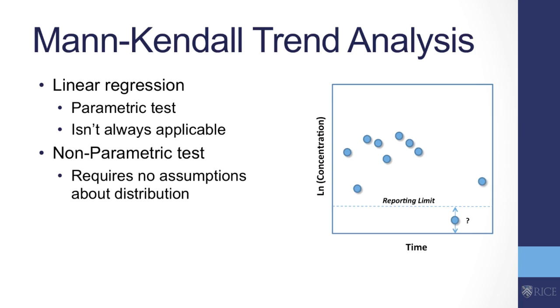It assumes that the data are normally distributed, and that really isn't always applicable with environmental data. So a lot of times we want to switch to what we call a non-parametric test, and that's what the Mann-Kendall test is. By definition it makes no assumptions about the underlying distribution of the data. It has less statistical power, but it's more flexible and more reliable in some ways.